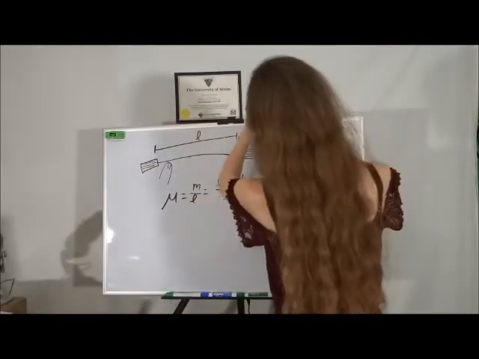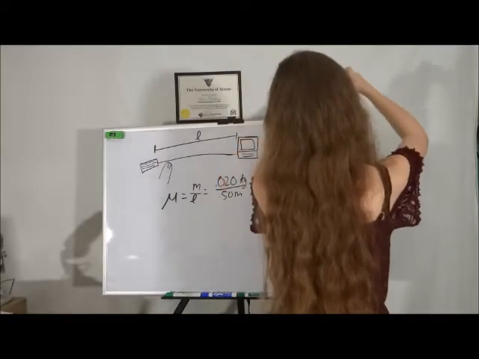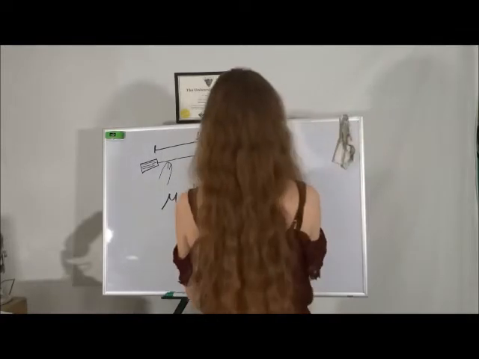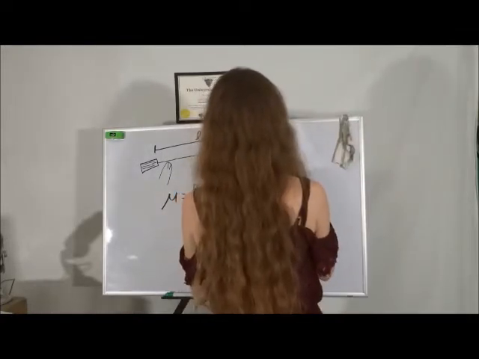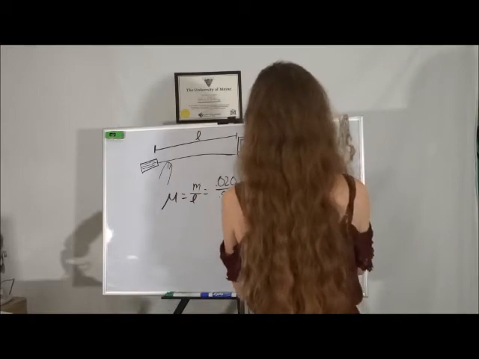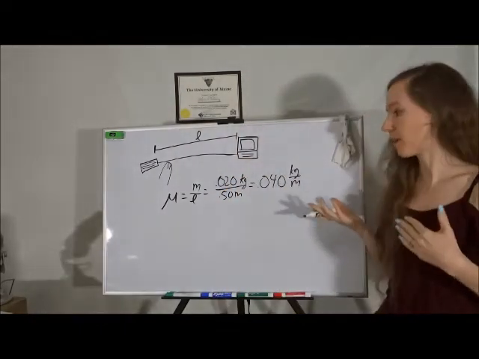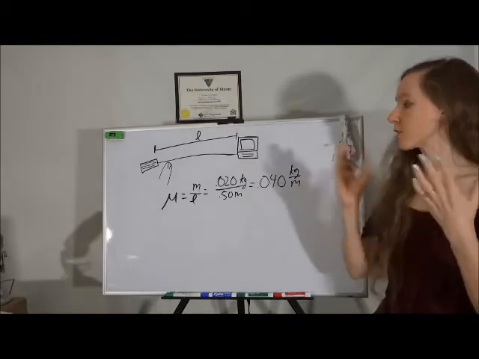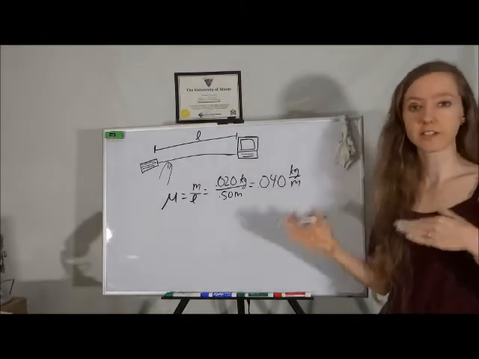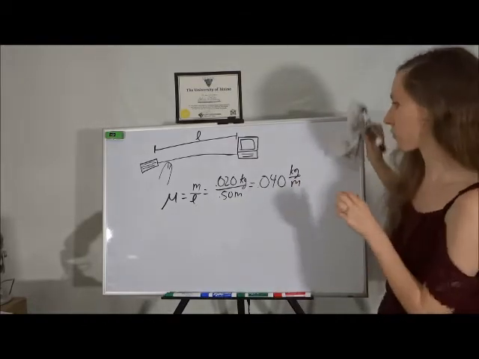And we're going to find out that this is equal to 0.040 kilograms per meter. So that's our linear mass density. So to find our speed, all we're going to have to do is plug that and our tension into our equation for the speed of the wave.